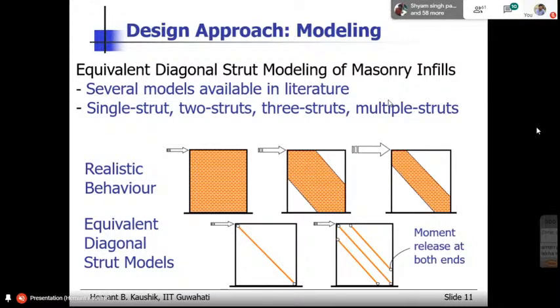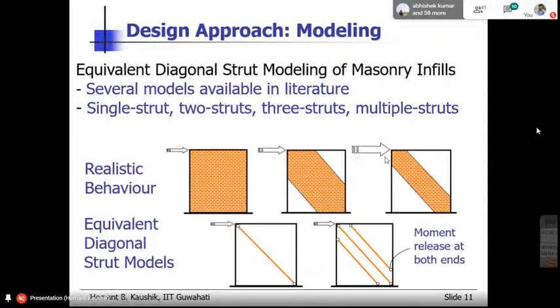So, like we discussed, we have this masonry infilled frame, and as we go on increasing the lateral load on this frame, we will see that this gap will increase. So the area of the wall that is in contact with the RC frame goes on reducing when we increase the lateral load.